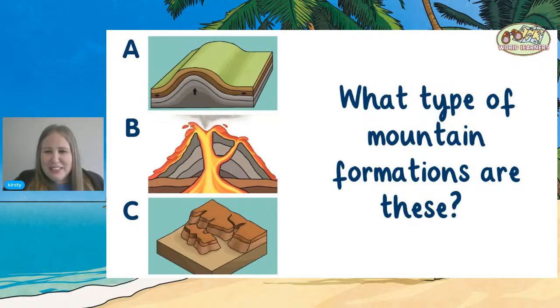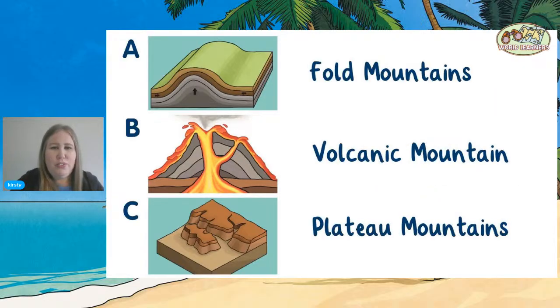Okay. Have we had our guesses? What do you think? I can see lots of right answers popping up in the chat. Shall we see? Any that you can't get? We've got fold mountains. Remember, it's like the two tectonic plates colliding together over a lot of time. And yeah, folding.